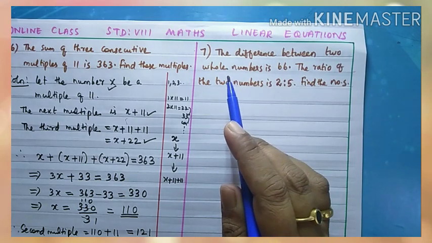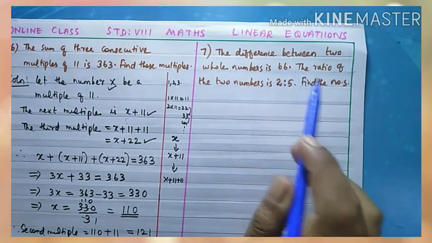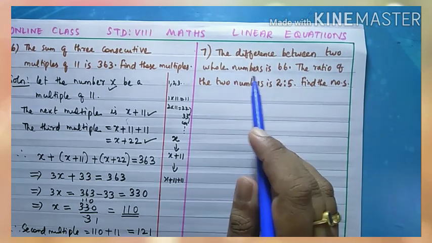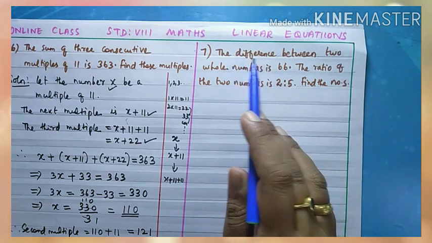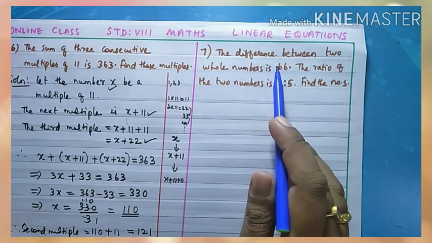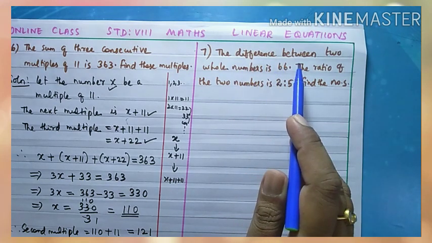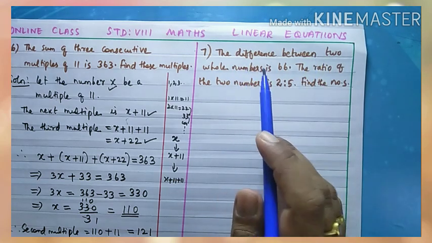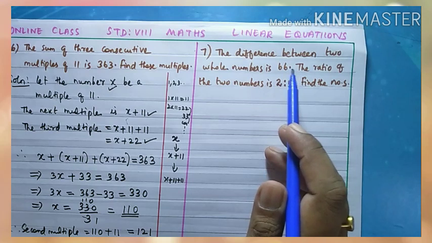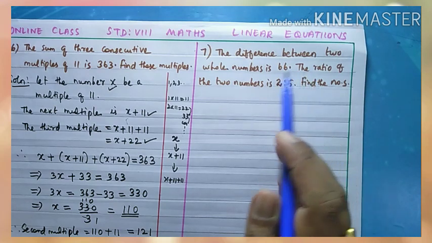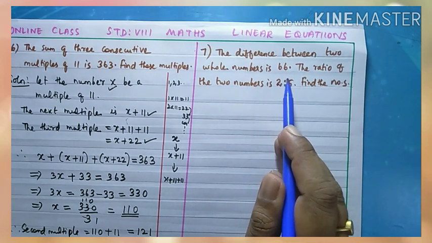Read the question. The difference between two whole numbers is 66. Okay, what do you mean by difference? Difference means subtraction. So when you subtract two whole numbers, that numbers we don't know, it is not given. So when you subtract those two whole numbers, the answer is 66.